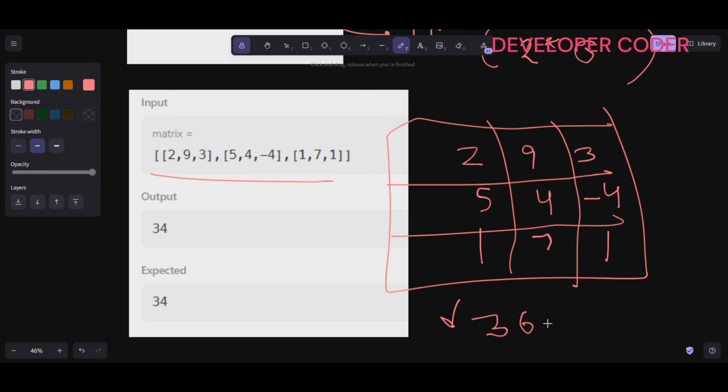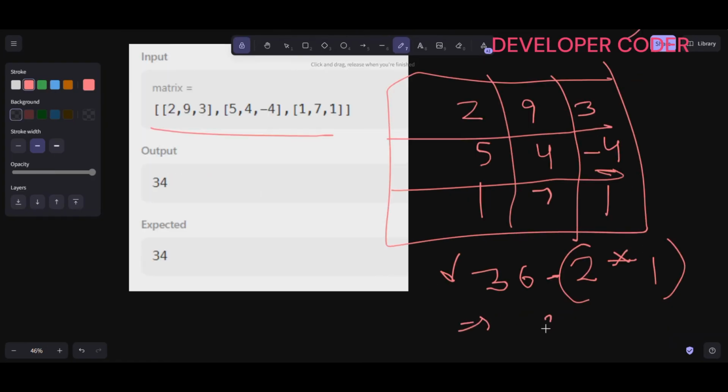Since the count is odd, I have to apply this formula, minus 2 into the smallest number here, so 1 is the smallest. 36 minus 2 is 34, so 34 is my output.